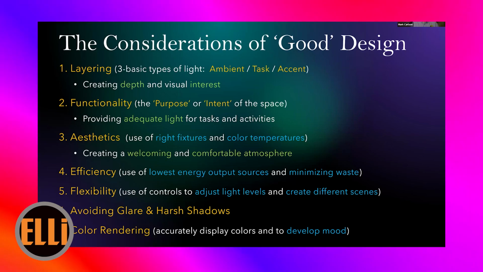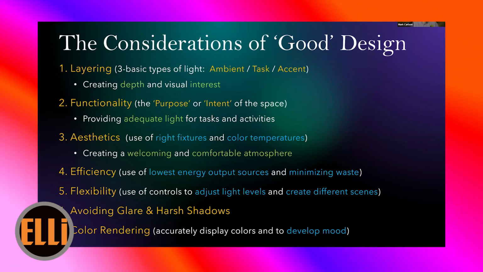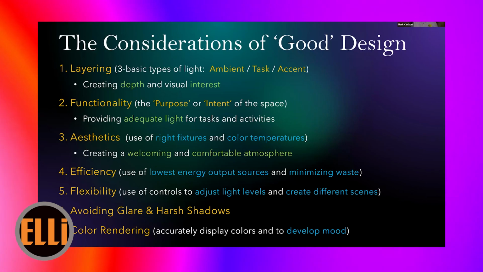The last one is color rendering. You want to be able to display accurate colors. Maybe in our role as landscape lighting designers, it's not as critical to have exact color displays, I would say, because we're dealing with plant materials.